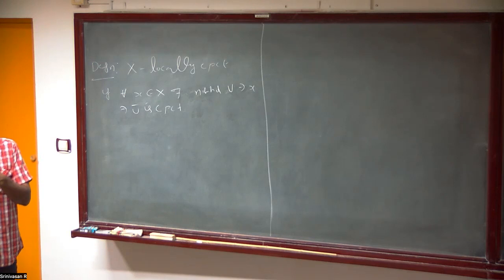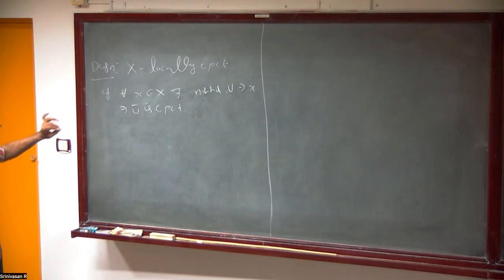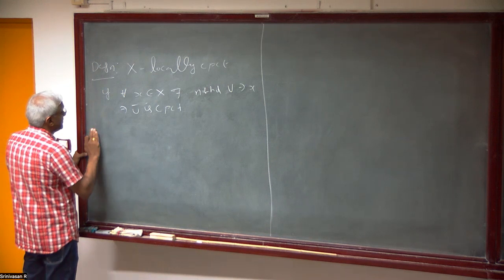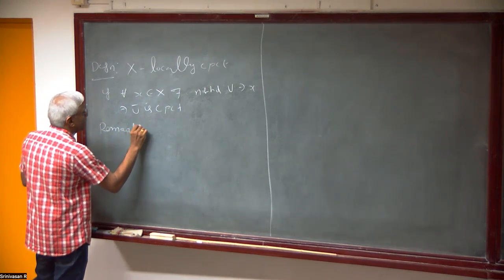Compactness is a topological property. So if one ball is compact, all balls are compact in a normed linear space. This is just a remark; we are not going to work with that. I told you the proof.